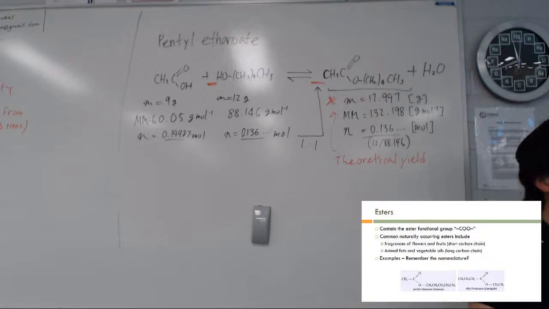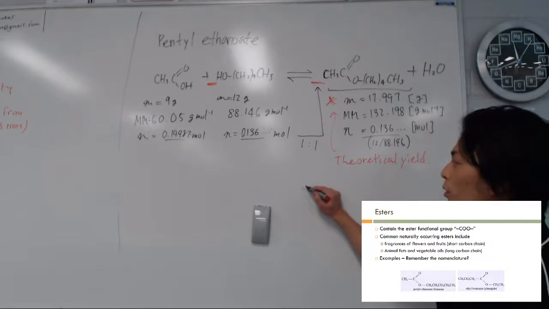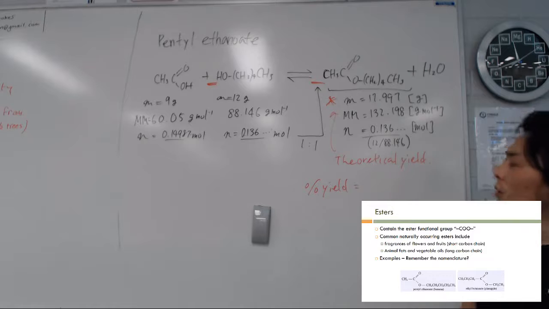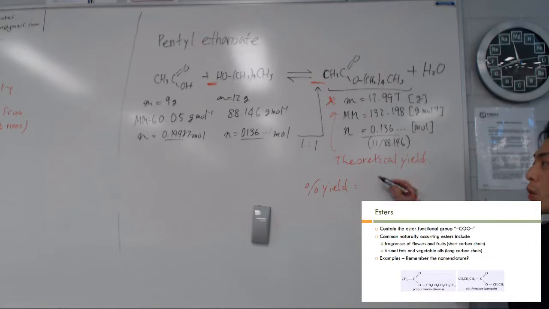So, then what's the percentage of it? So percentage yield could be figured out, kind of like error, but you could just do actual experimental yield over theoretical.